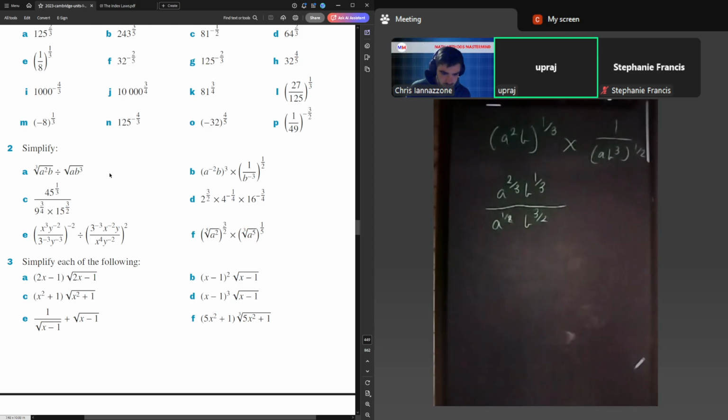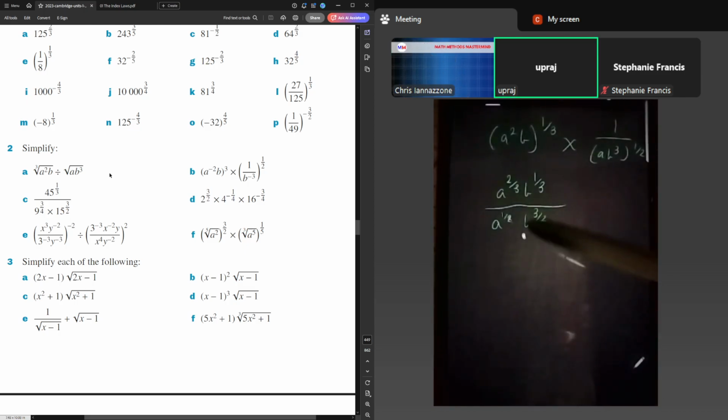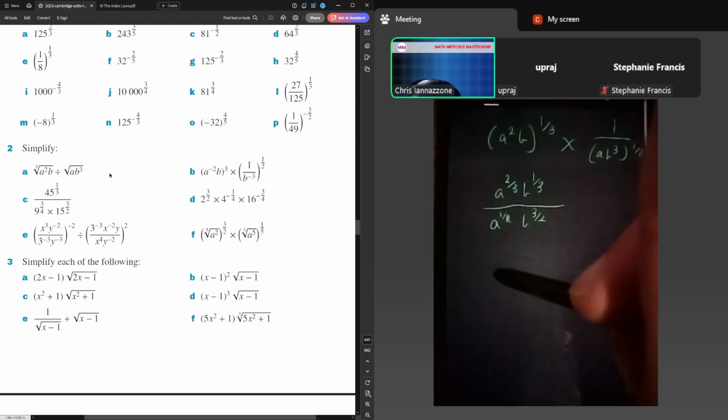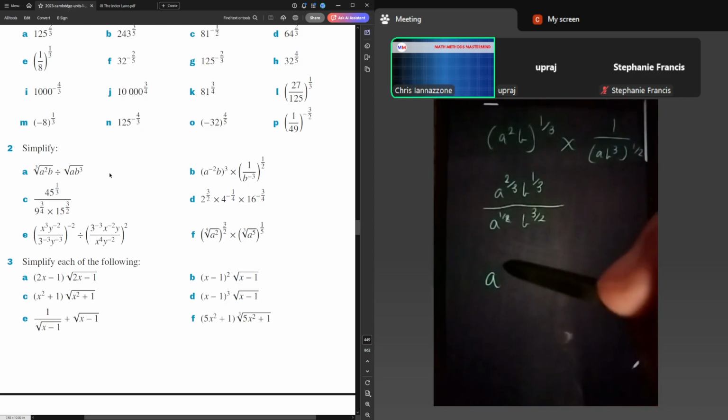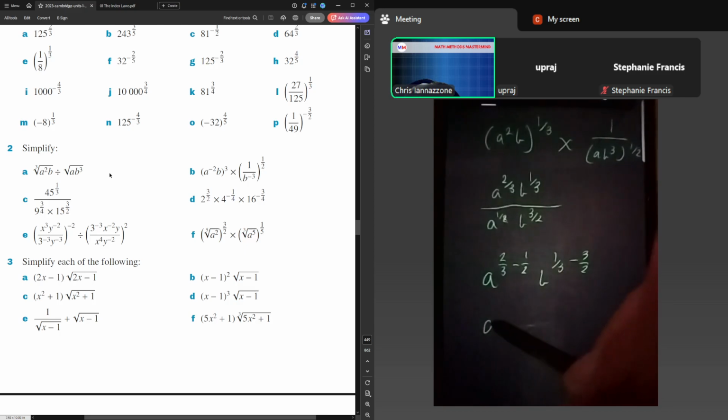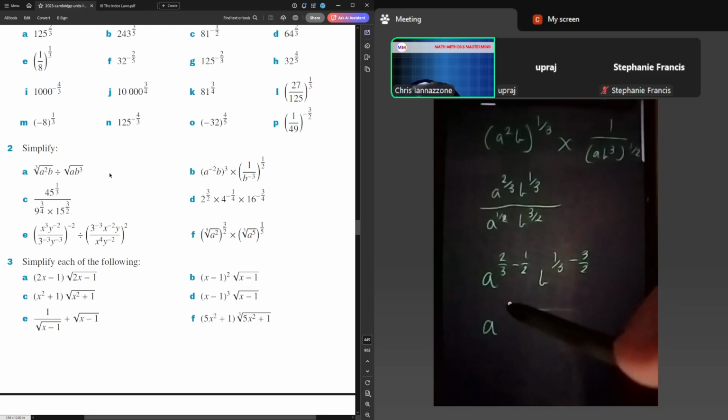We subtract the powers using our fraction arithmetic. That's it, subtracting powers, which of course is kind of sucky, but we'll make do. So we got a to the 2 over 3 minus half, and we got b to the 1 over 3 minus 3 over 2. So we're now looking at doing a quick cross multiply.